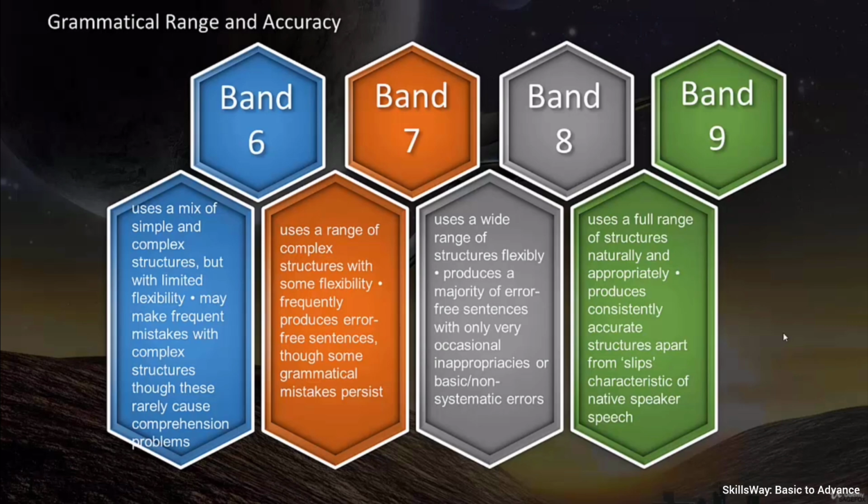So when you talk about bands 8 and 9 in terms of grammar, we really are talking about the range, being able to use them flexibly. Also, what's really impressive to graders is when you're able to speak in mistake-free sentences. If you're making grammar errors in every single sentence, you're going to have a hard time getting a really great score.